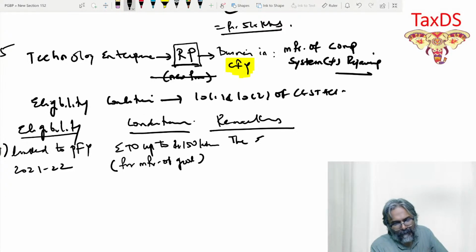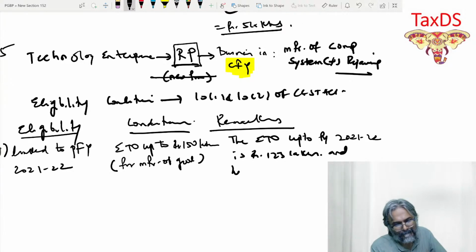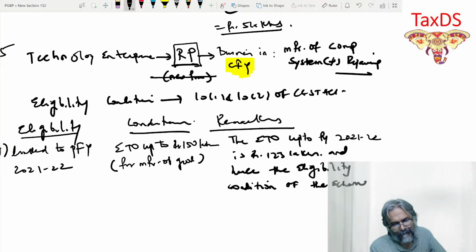In the remark, friends: the aggregate turnover up to the financial year 21-22 is rupees 125 lakhs, and hence the eligibility condition of the scheme under section 10(1) and 10(2) is satisfied.